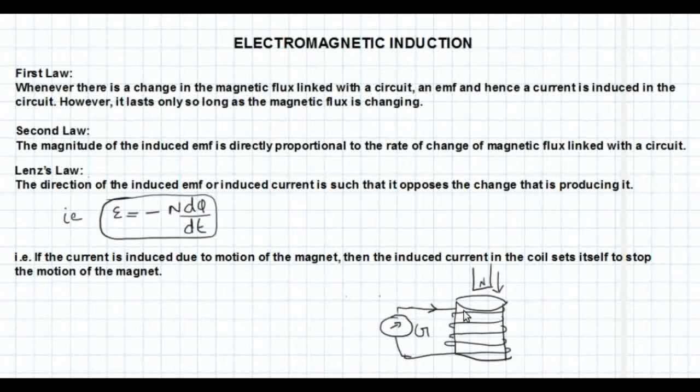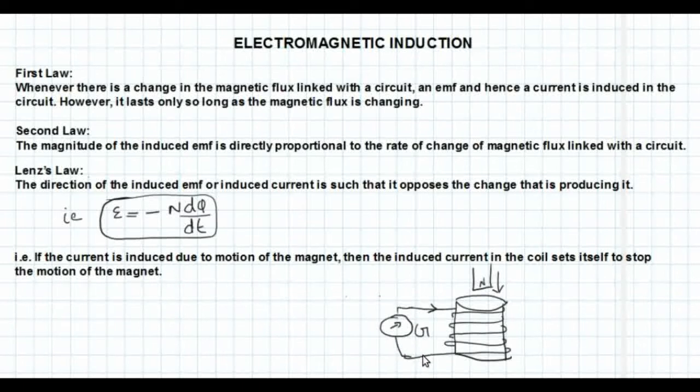Take a single turn of this coil. The number of turns which are coming in contact with this magnetic flux density will increase, right? When it is being inserted, the flux which is coming in contact with this coil will change, and that is why an EMF is induced here.